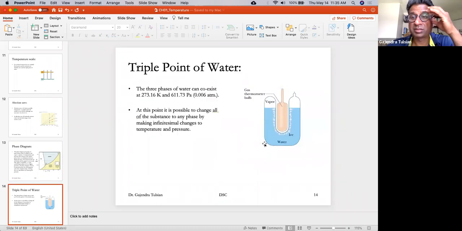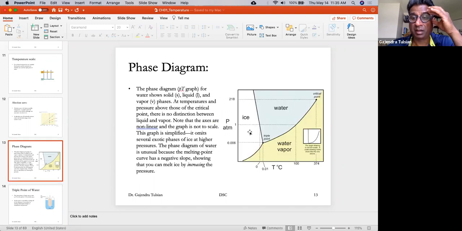And that's what this diagram is showing you: the vapor phase, liquid phase, and solid phase of water. From this triple point, you could go into any phase. So that's the triple point of water.